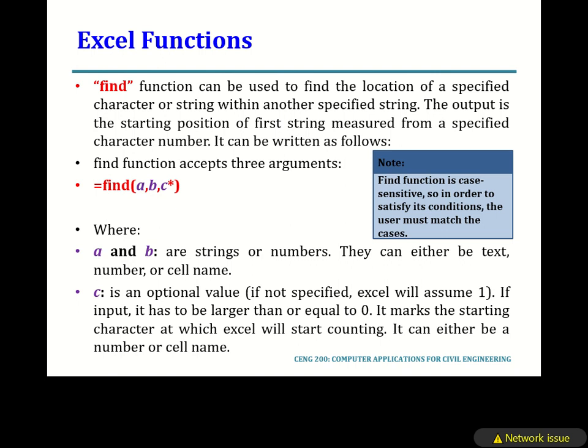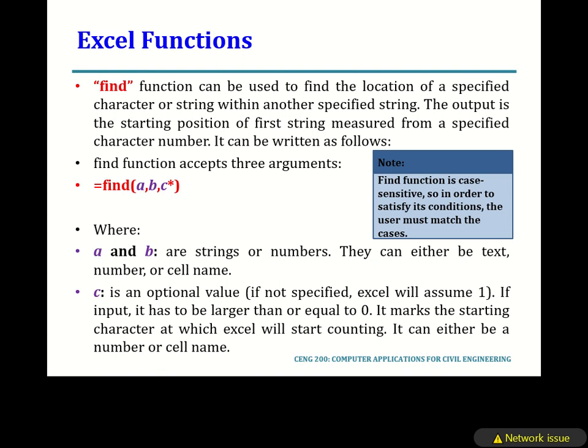Even if you don't give the value of C, it will work. A and B can be text or numbers or anything. C is an optional value, and if you don't give it, it will assume it to be 1. If you want to put a value yourself for C, it should be a positive number, more than 0.